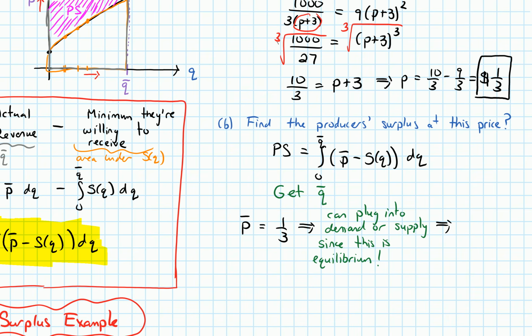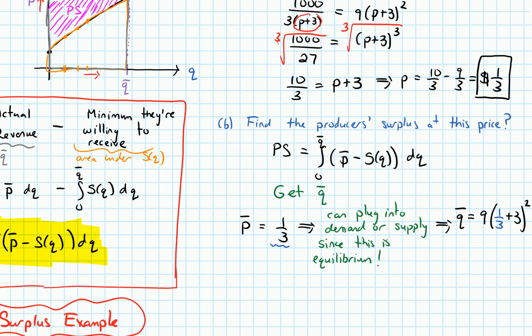I'm going to plug into the supply equation because it's already in the form Q equals something, except I'm going to call this Q bar now, because when I plug in a third into it, it'll tell me Q bar. So Q bar is equal to 9 times, I'm going to plug in my number. I'm going to plug in the 1/3. 1/3, and it was plus 3 squared.